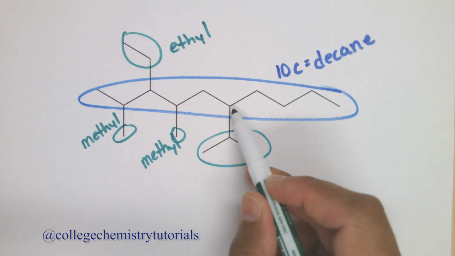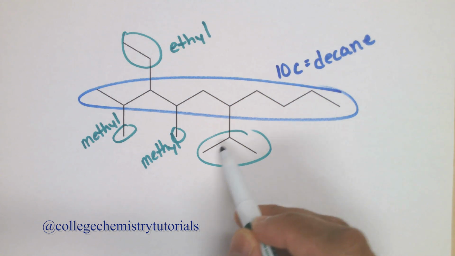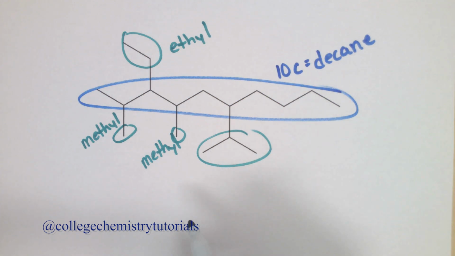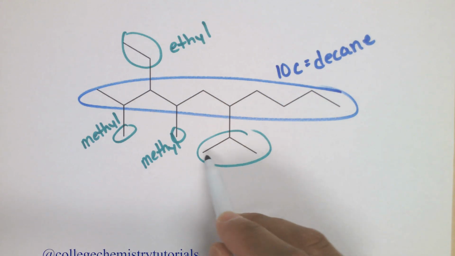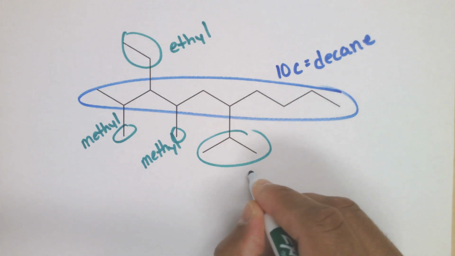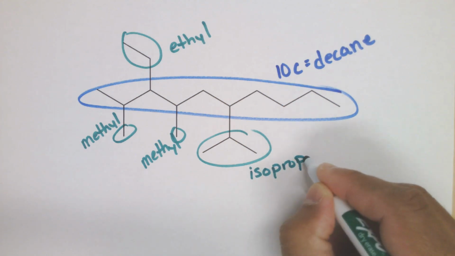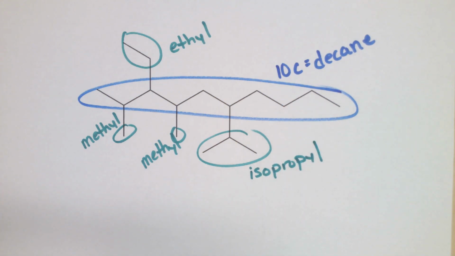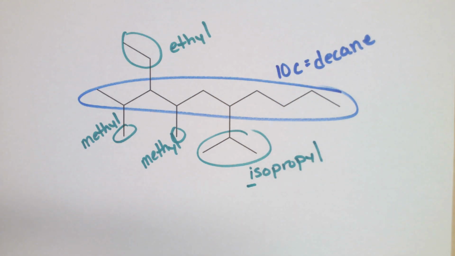However, you notice that the propyl group is bonded through that middle carbon of the 3. So because it's bonded to this secondary carbon in the propyl chain, this is actually called an isopropyl. And unlike our previous prefix, iso is part of the name. So here we would use I for our alphabetical order rule.